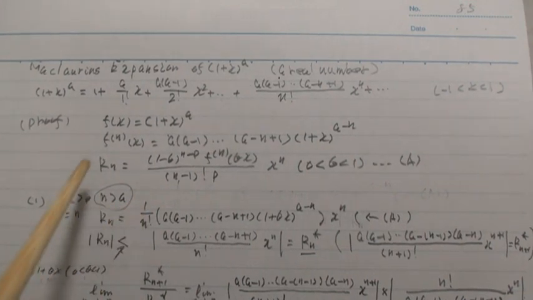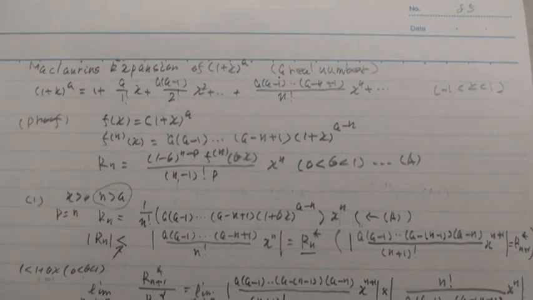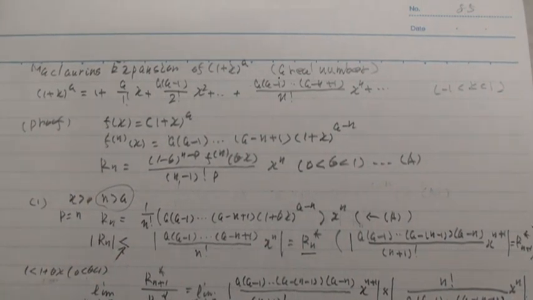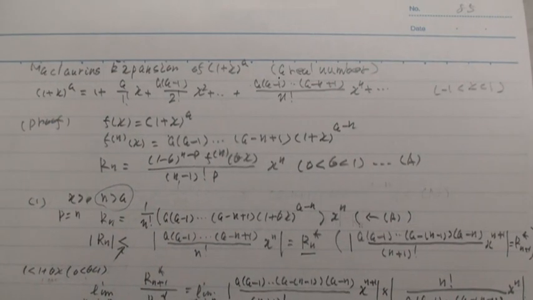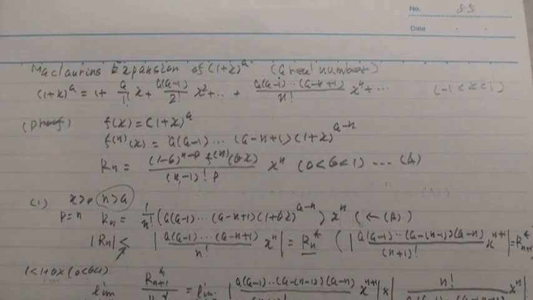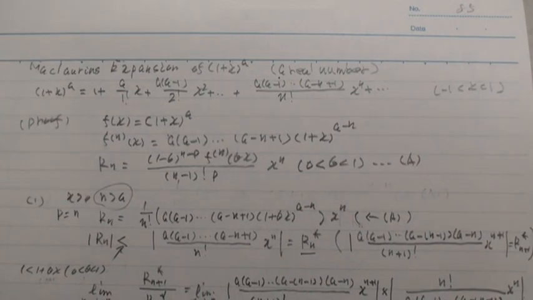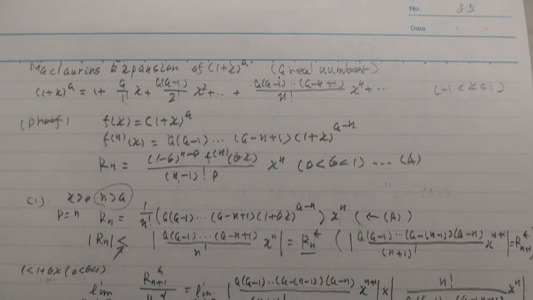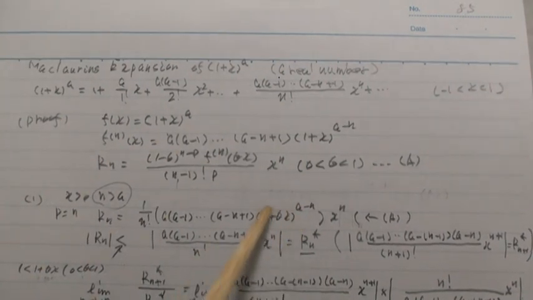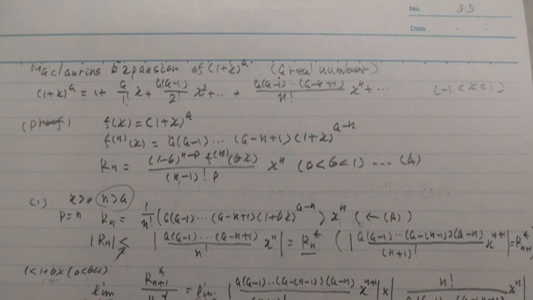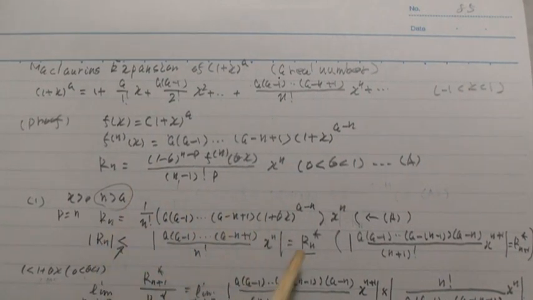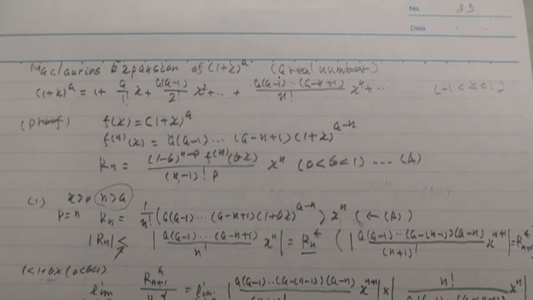And now n is greater than a, then the absolute value of R_n is smaller than this. This value is smaller than 1, okay? And this absolute value equals R_n star.